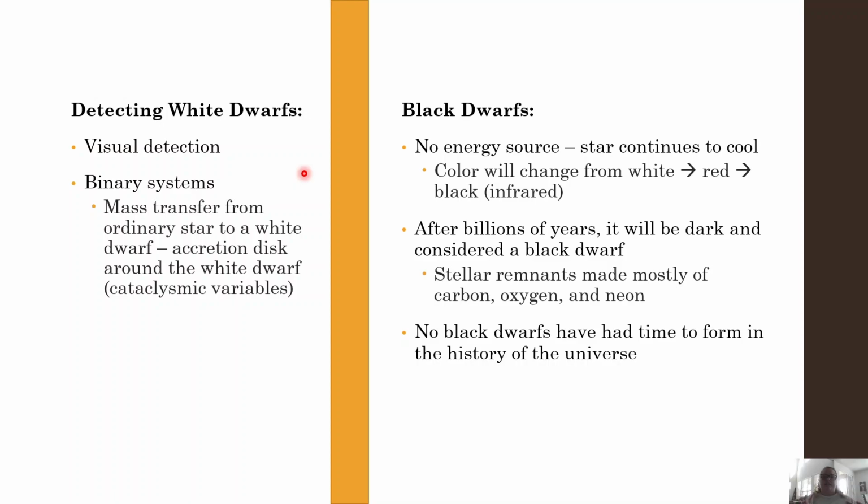And in these binary star systems, we can have transfer of mass from one of the stars, an ordinary star, to a white dwarf through an accretion disk.